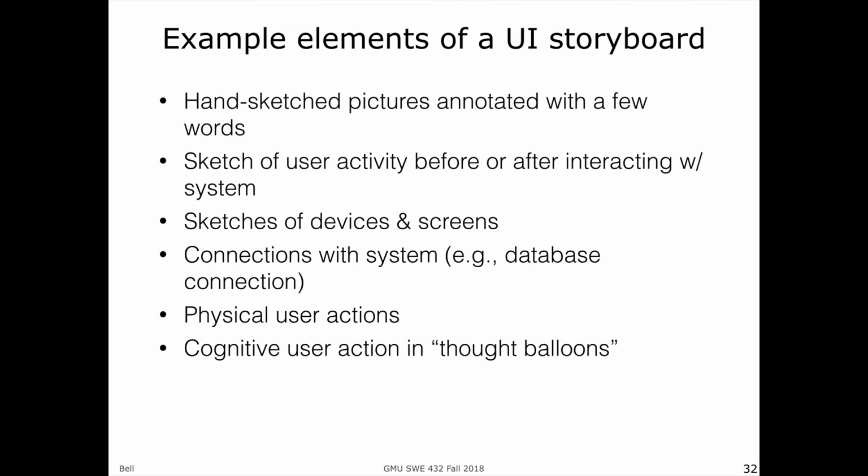We show a sketch of what the system looks like from the user's perspective before and after interacting with the system, and then also of the different devices and screens as we're going through the system. We might show connections within the system, getting down to be more technical in terms of the implementation, maybe even physical user interactions. And we can try and capture perhaps part of the user mental models with thought balloons, literal thought balloons, like we were drawing a comic book to try to indicate what the user is thinking.